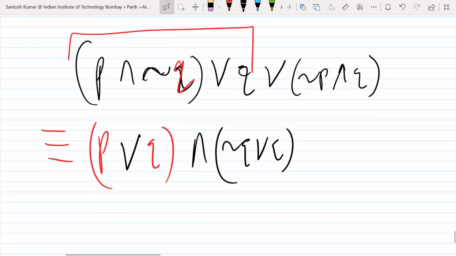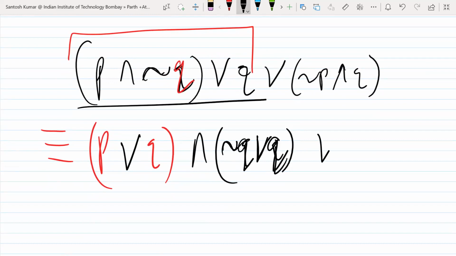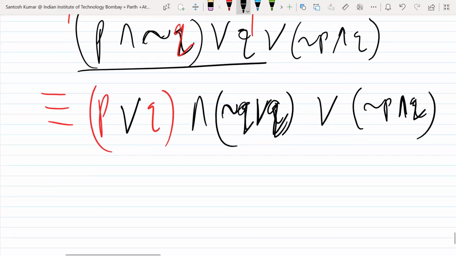So P or Q and not Q or Q. And the rest, I have taken these three together, or not P and Q.